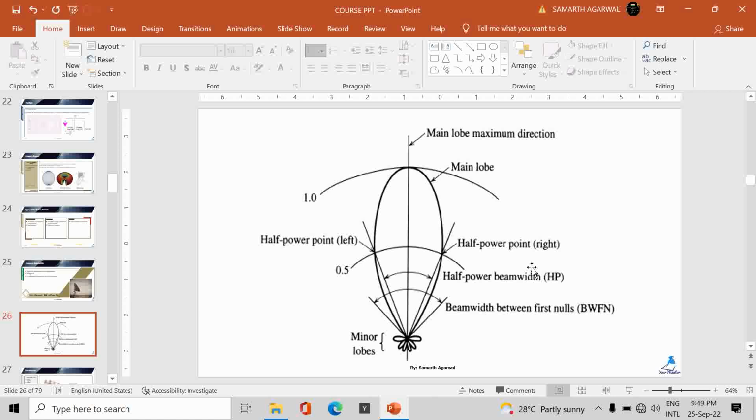Okay, and the first null beam width will be denoted in the lower region, and then in the case of minor lobes, these are also called side lobe levels, which are totally unwanted. These are also a kind of lobe which carries radiation power, but it is not able to be detected at the receiver side because of the very small amount of power.